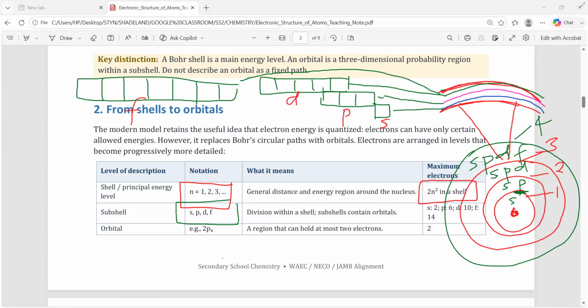An orbital is just one box like this. It's one orbital. And I said the maximum number of electrons it can take is 2. If 2 is the maximum number of electrons an orbital can take, how many electrons in total are in the S orbital?